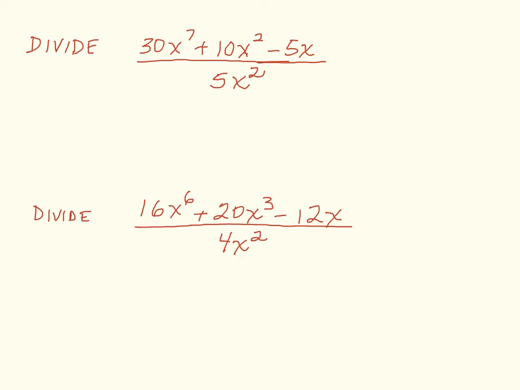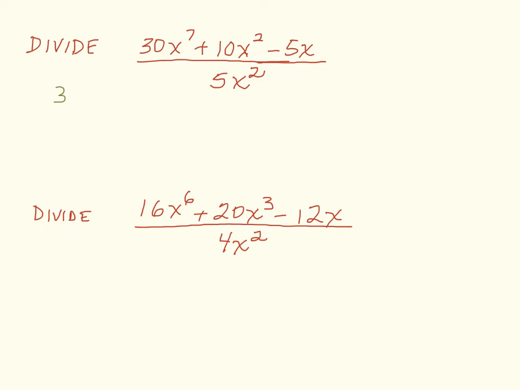So here we go. We're dividing a trinomial by a monomial. The easiest kind of division, because all you have to do is separate the trinomial in the numerator.